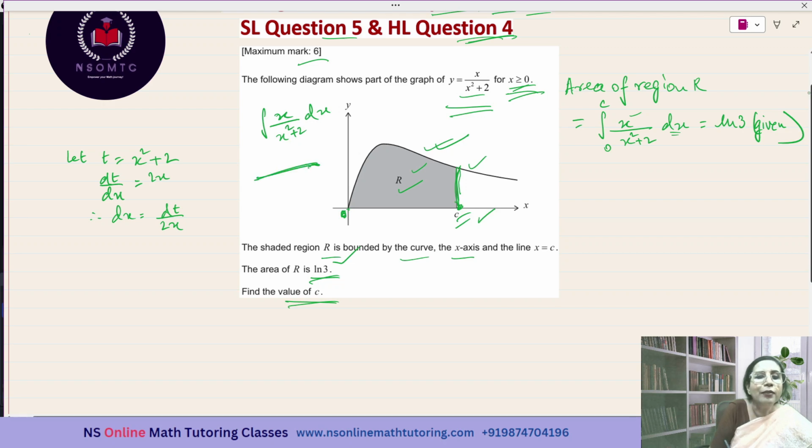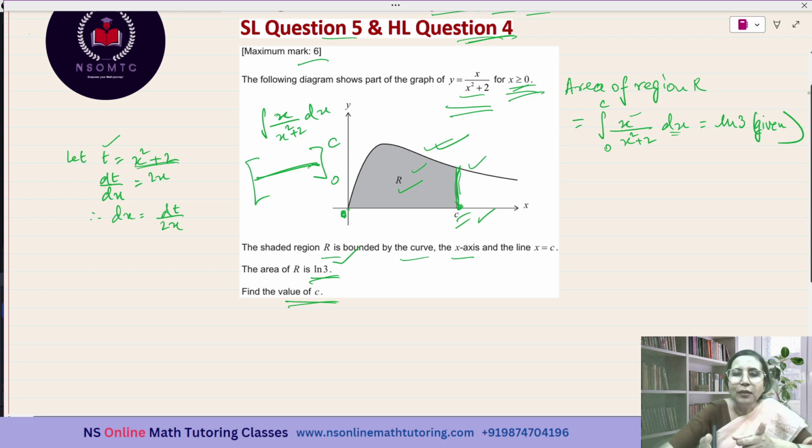You will be getting the answer, of course, with the t in the expression. And then you will be substituting back x squared plus 2 in place of t, and you will be getting the final expression in terms of x. After you get the final expression, then you take the limits as 0 and c.